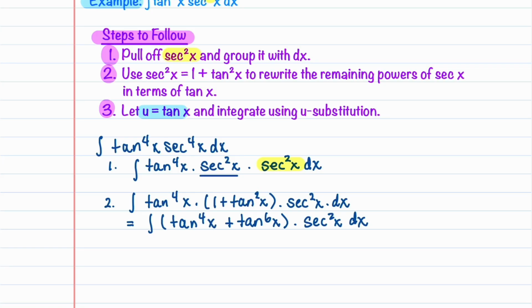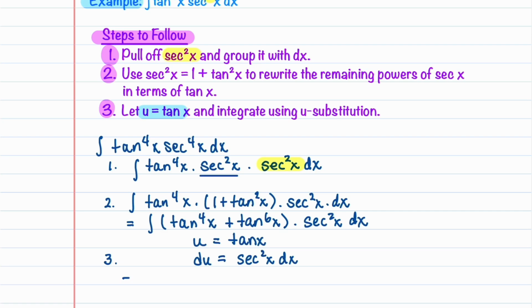Some of you may be able to do this without u-substitution, but I just want to be really thorough and show you exactly how this works. So u is equal to tangent x, and then du is equal to the derivative of tangent, which is secant squared x dx.